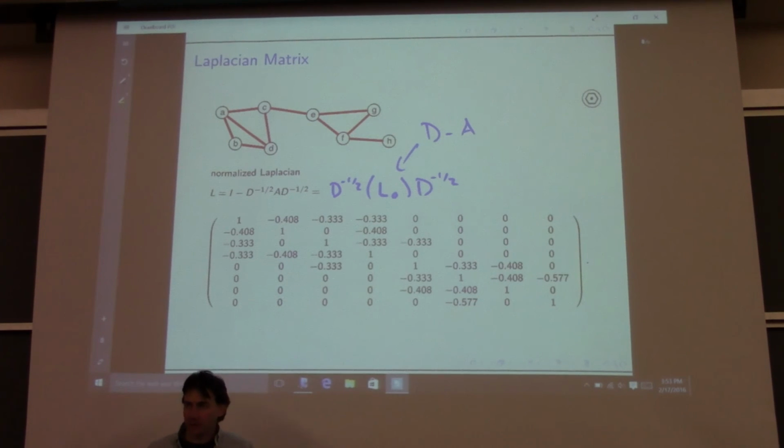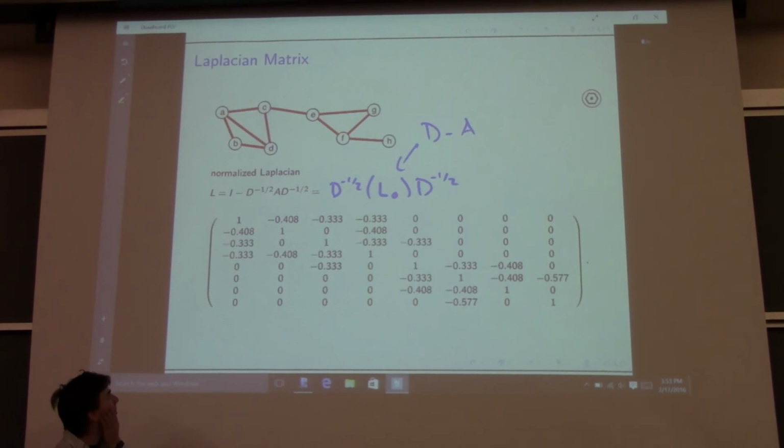It works out the same as non-matrix algebra, and then you get this other term in the middle. So this is the regular, normalized Laplacian matrix.